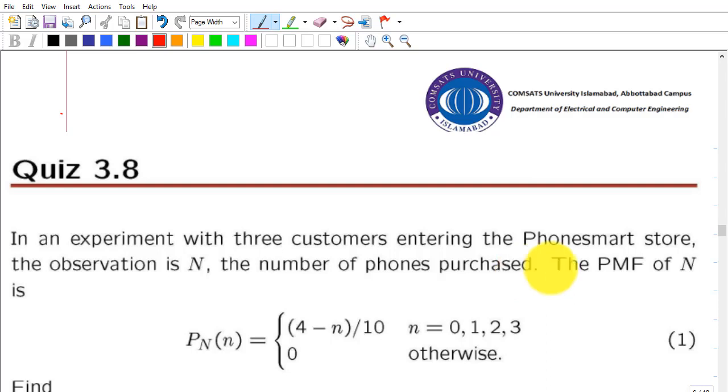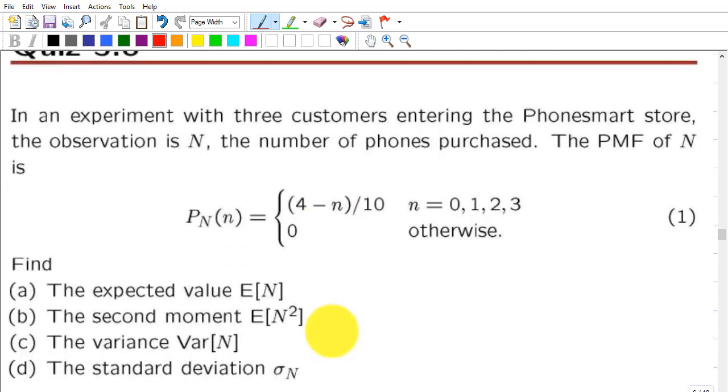The PMF of N is P_N(n), which is equal to (4 minus n) by 10, for n equal to 0, 1, 2, 3, and 0 otherwise. What we need to find is the expected value of N, the second moment E[N squared], the variance, and the standard deviation sigma N.